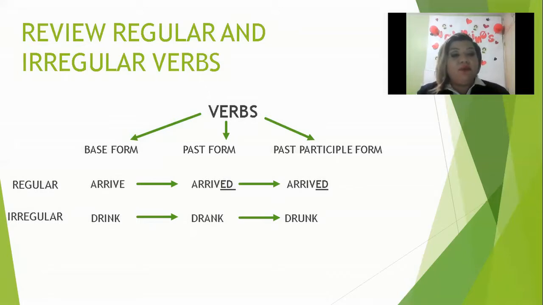We have the regular verb arrive in the base form, past form arrived, past participle form arrived, and we have the irregular drink in base form, drank in past form, past participle form, drunk. So let's look more deeply into this topic about regular and irregular verbs.